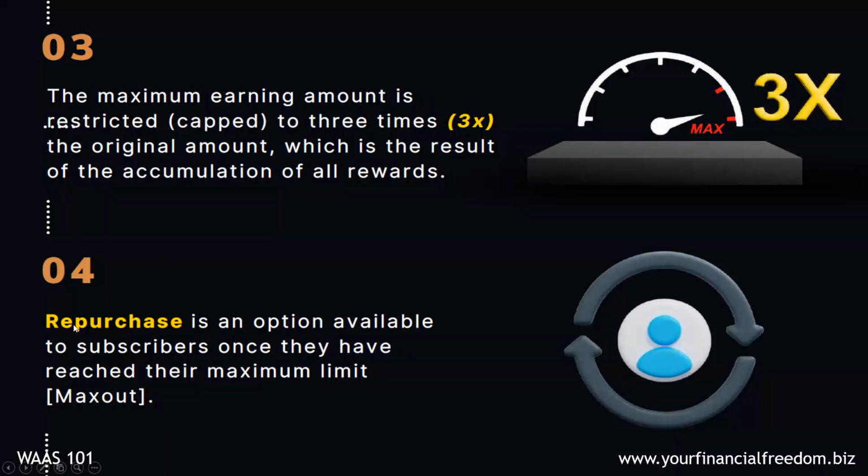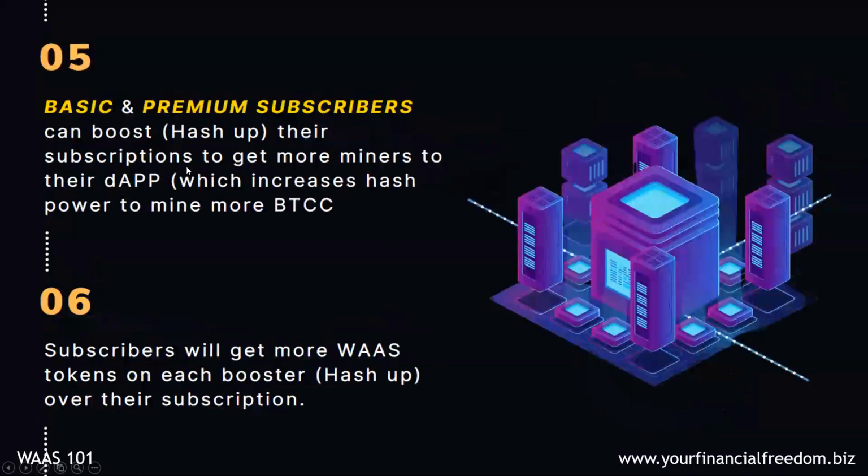Number 4, repurchase is an option available to subscribers once they have reached the maximum limit. Max out. Maximum limit 3 times. So 100, 300, 500, 1500. Once you get to that magic number, you have to look to hash up if you want to continue in the affiliate marketing space, okay?